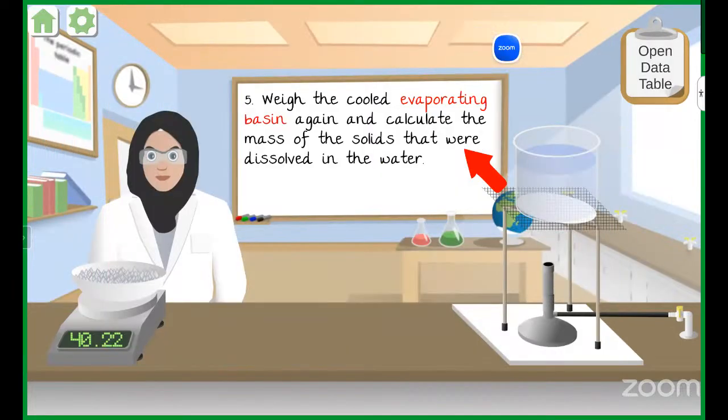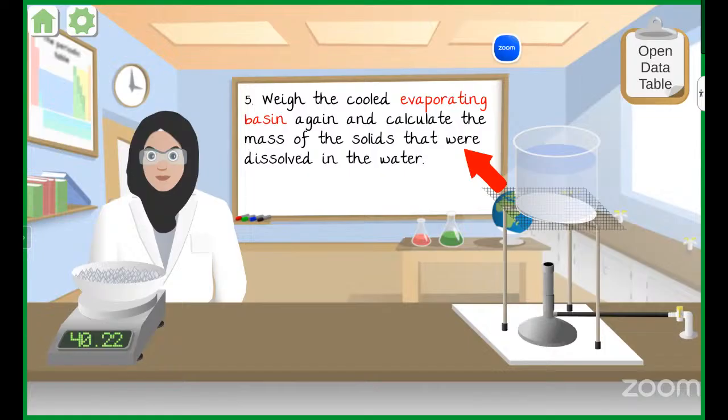the mass of the basin and water. Are you writing it? Yes, sir. When you pour water in the basin, the mass of the basin and that of the water, we measured that to be 50.22.